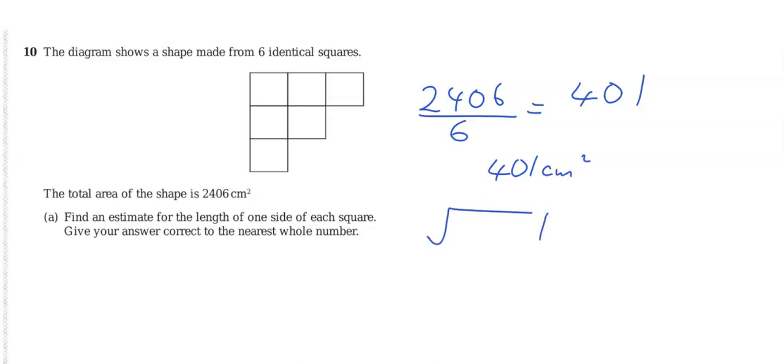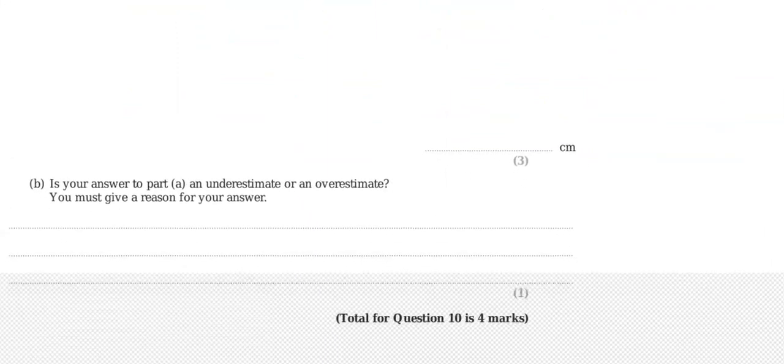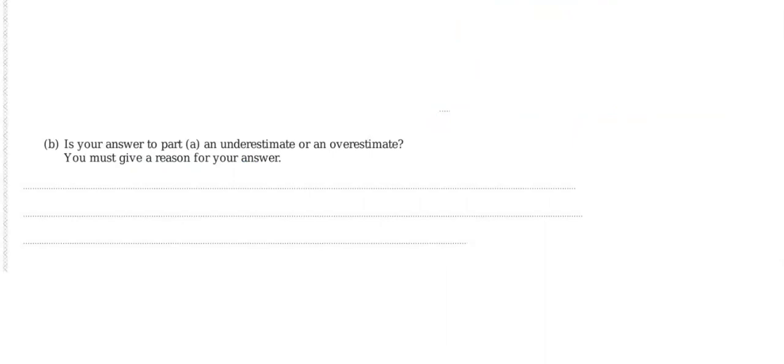And in order to find out the length of one of the edges, we have to consider the square root of 401. Now, the square root of 400 is equal to 20. So the answer to the nearest whole number is 20 centimeters. In part B, we're asked, is this an overestimate or an underestimate?